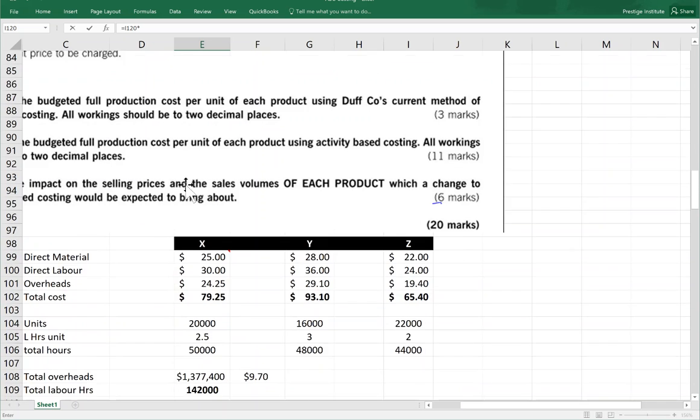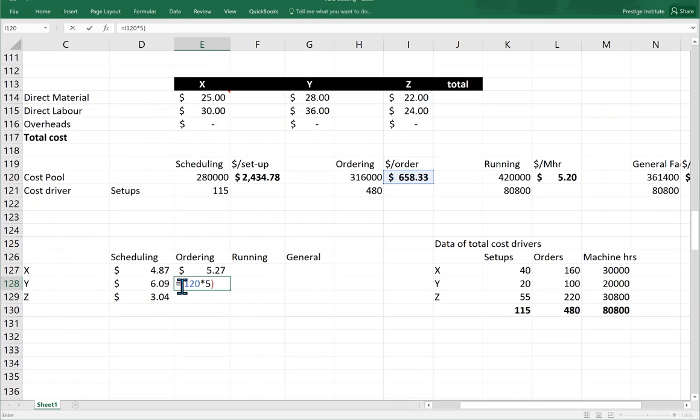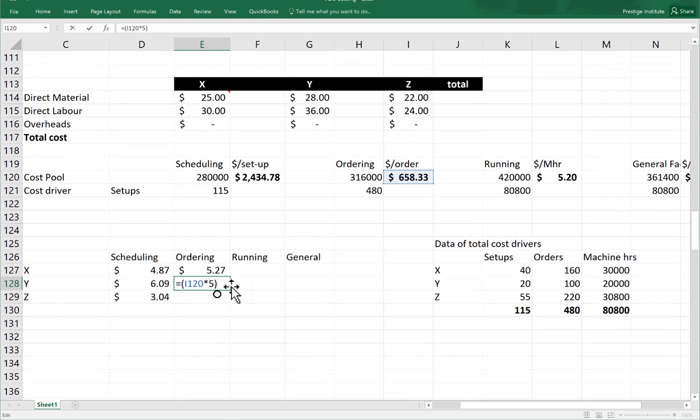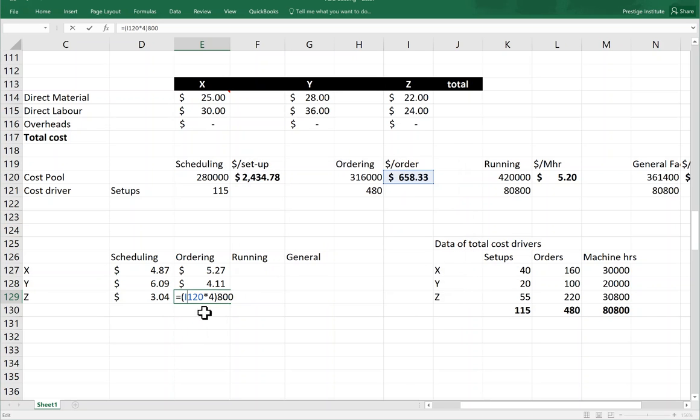Multiply by 5 and 4. Divide by 800 units. Yeah, 800 units. Or just to save time, you could just copy paste. Multiply by 4, bracket. Divide.